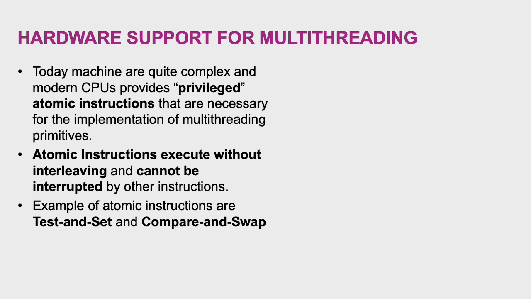Atomic instructions cannot be interrupted. They are executed without interleaving and cannot be split by other instructions. When the CPU detects an atomic instruction, all other instructions in various stages of execution are suspended, and maybe they are reissued later until the instruction completes the execution.